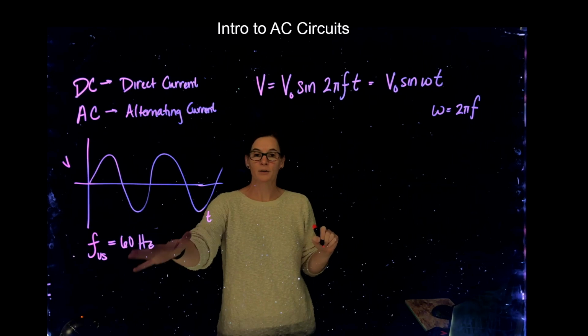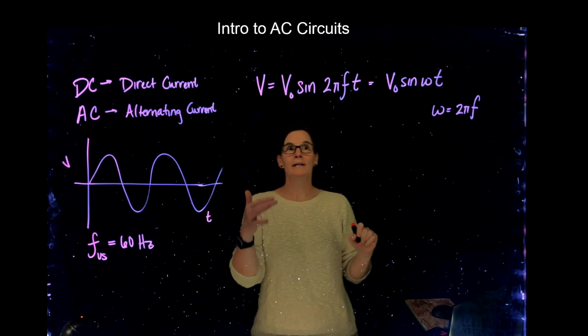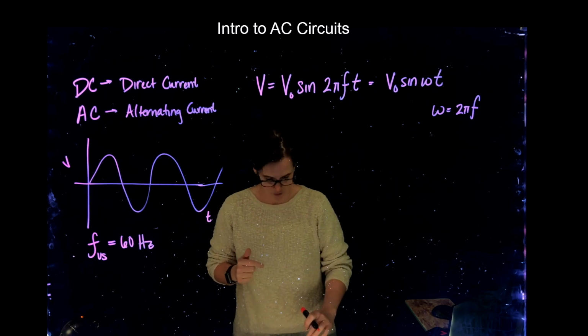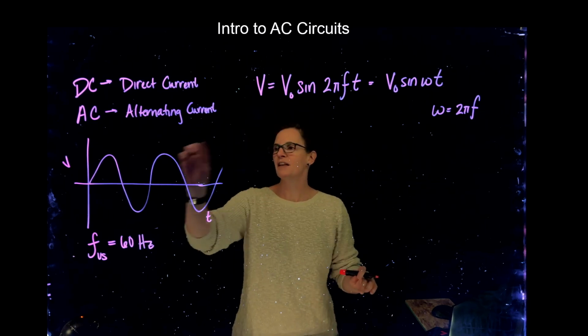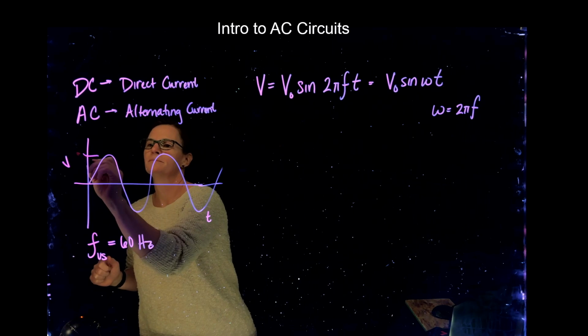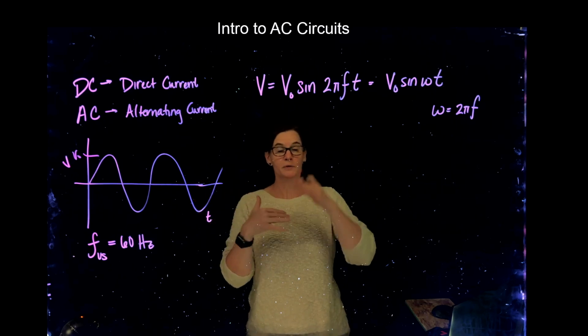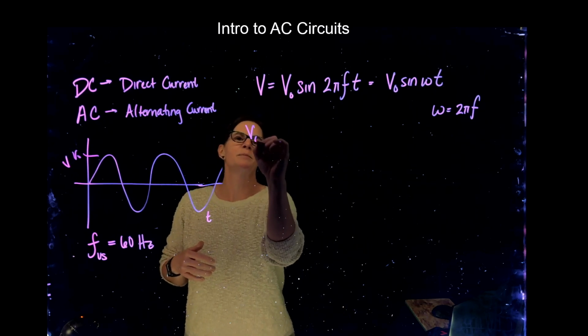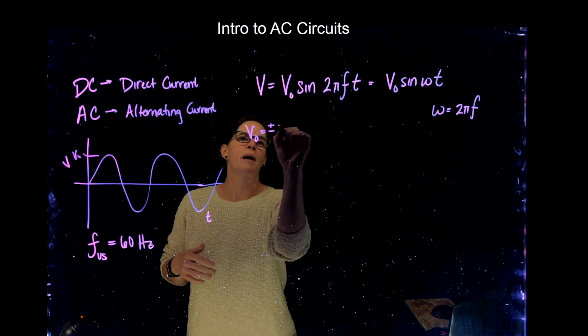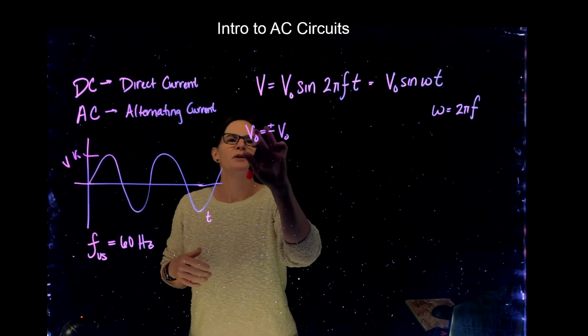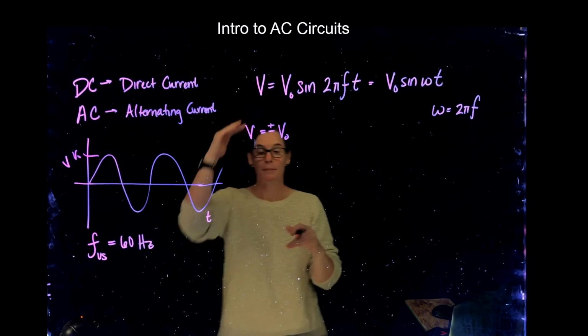Again, that frequency is the cycles per second as time goes on. Now, V naught, that's our peak voltage that the generator produces. And V oscillates between positive and minus.